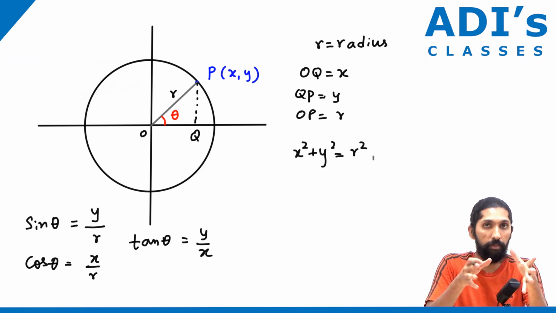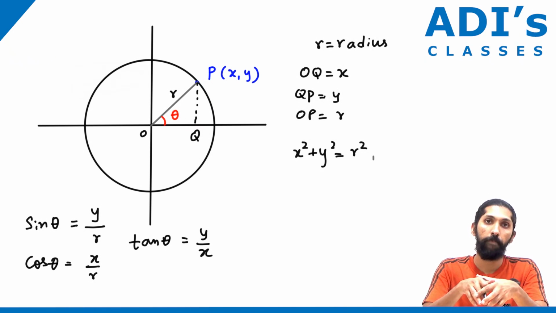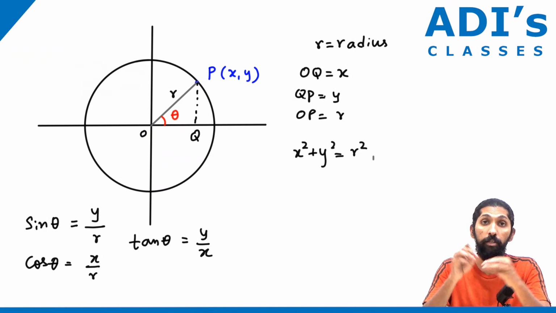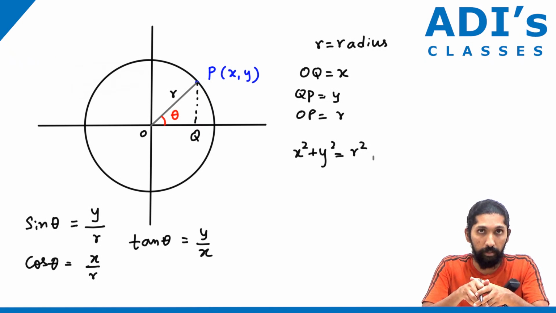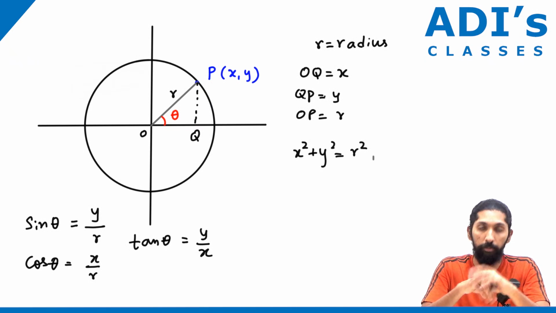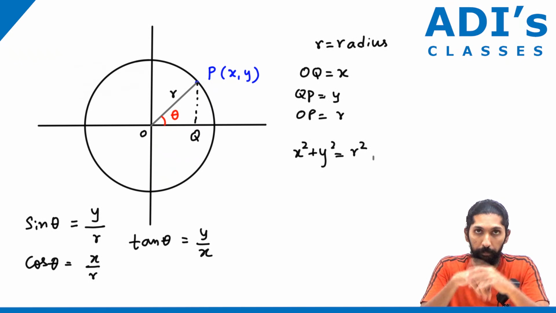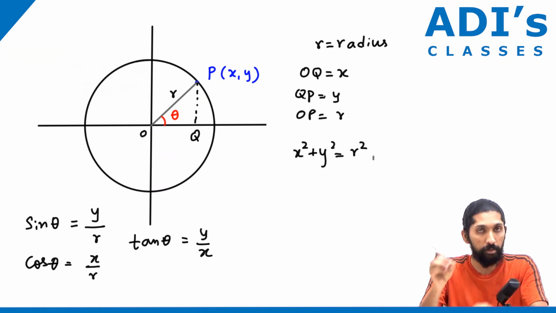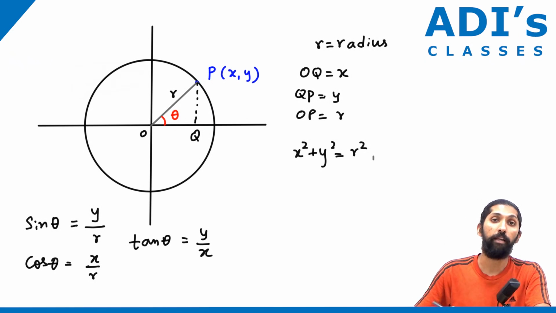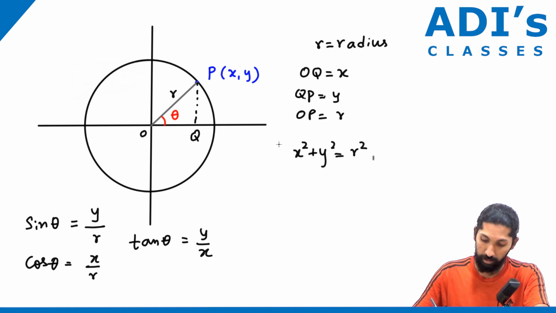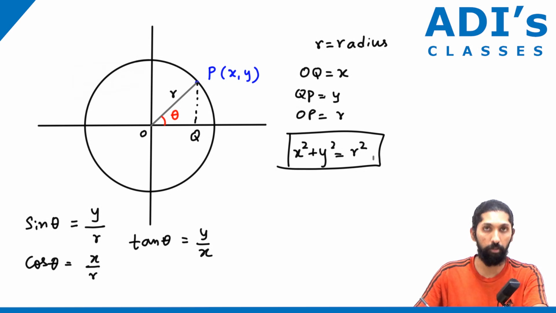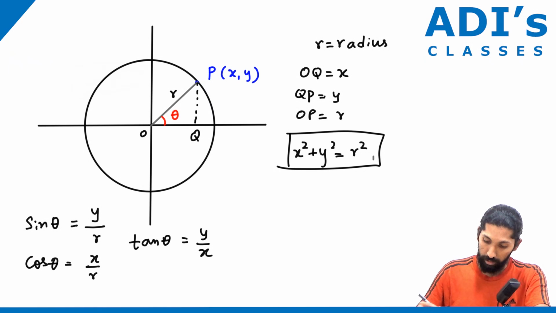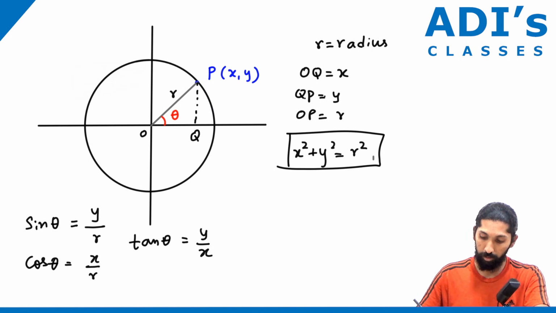Now, with the help of these trigonometric functions, the next thing we have is trigonometric identities. There are 3 trigonometric identities. Again, it's a recap. The very first identity we can get with the help of the Pythagoras theorem: x square plus y square is equal to r square.